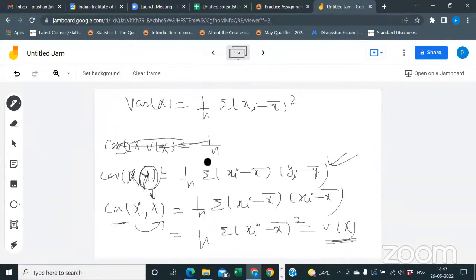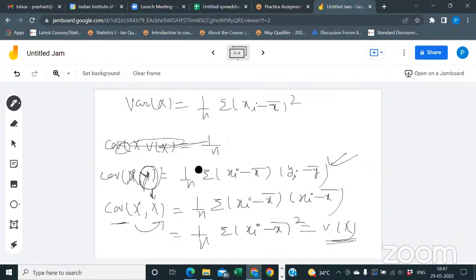See, variance is for one variable and covariance is for two variables. Covariance is used if there is more than one column, and variance is for a single column.